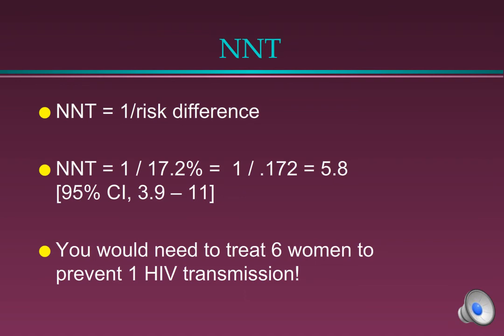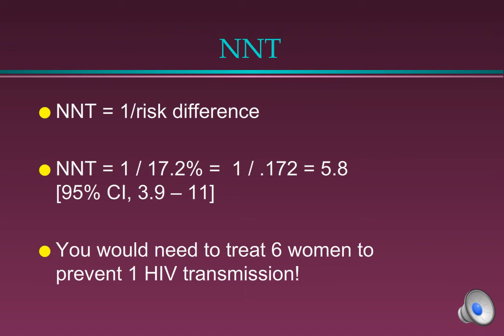So in summary, we would say in this study, you would need to treat 6 women to prevent 1 HIV transmission. Well, is that a good number? Yes, it's an excellent number. To think that any intervention that has relatively few side effects would be of that impact, I think is quite remarkable.